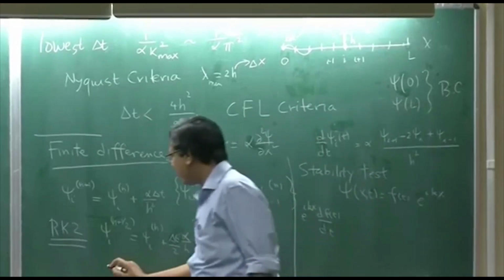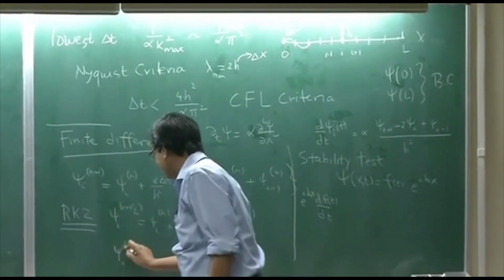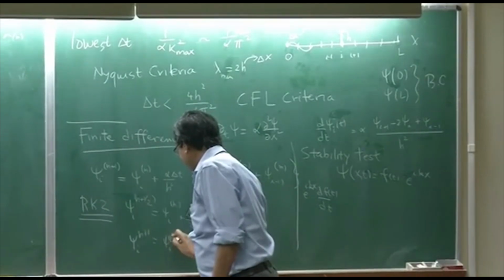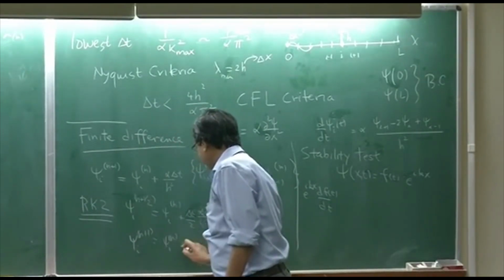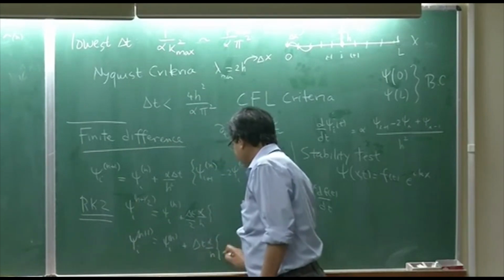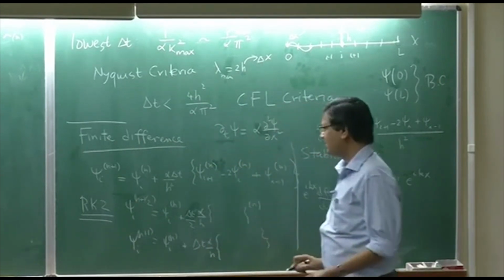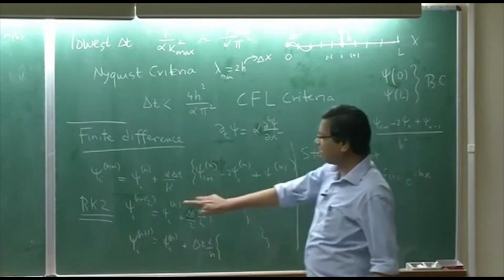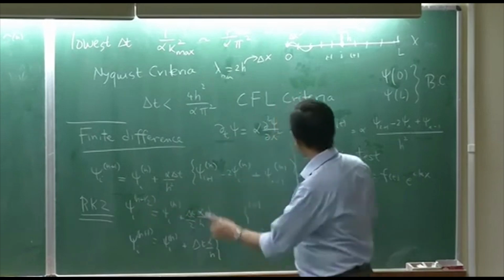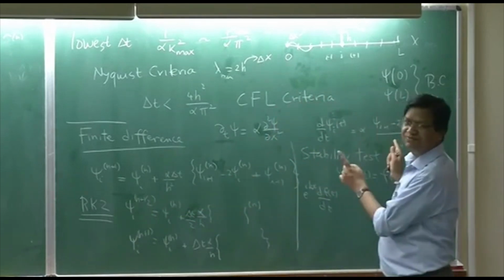Then I say, well, I will now take the final step: psi i n plus 1 is psi i n plus delta t alpha by h squared. So I have these values now, the psi i's at the midpoint. So I should use them and compute the second derivative.